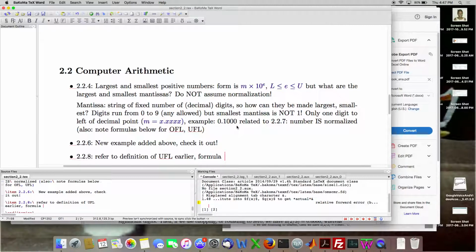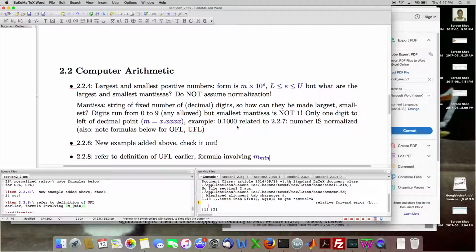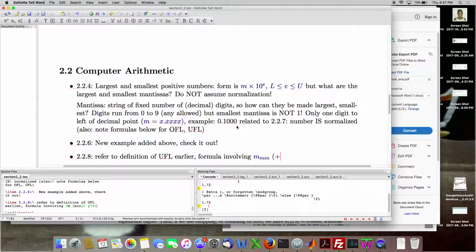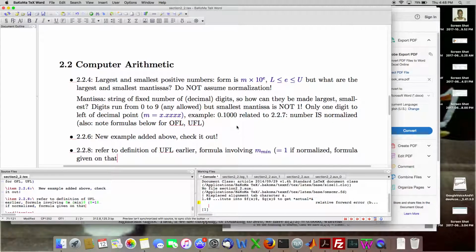There's a formula for it that'll take care of the exponent part. It involves the smallest possible mantissa, and that is equal to 1 if normalized. The formula is given on that page.